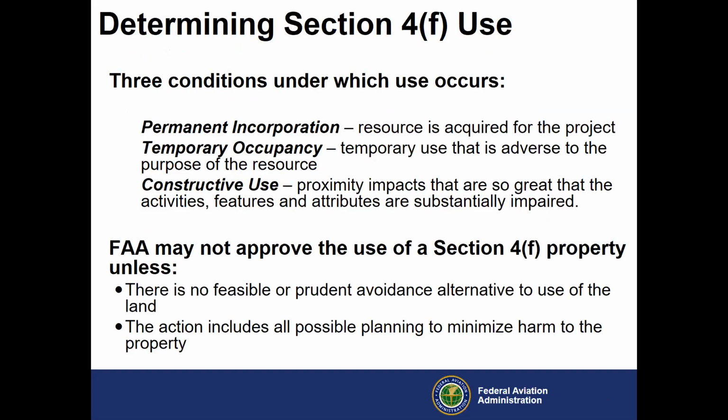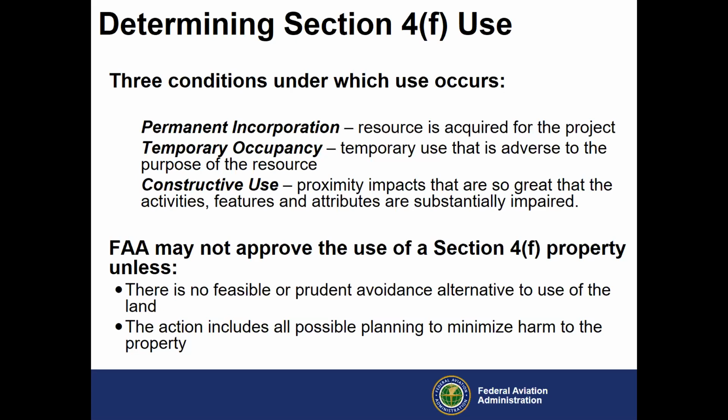So once you've determined that you have a resource that is applicable to 4F, the next step is determining the use of that resource. And there's 3 types, whether it's a permanent incorporation, temporary occupancy, or constructive use. Some of it's pretty clear, you know, if you're permanently impacting something, we all dealt with that before.